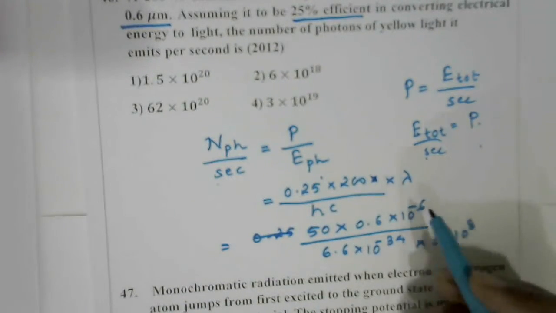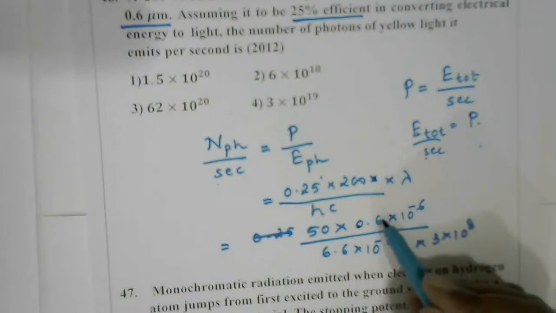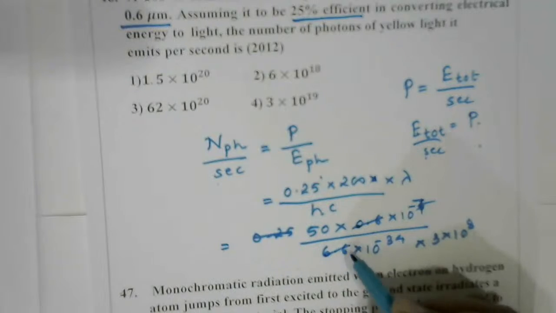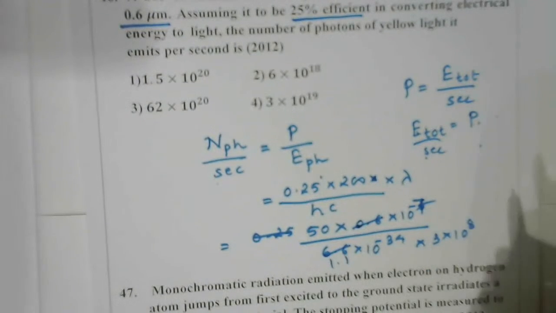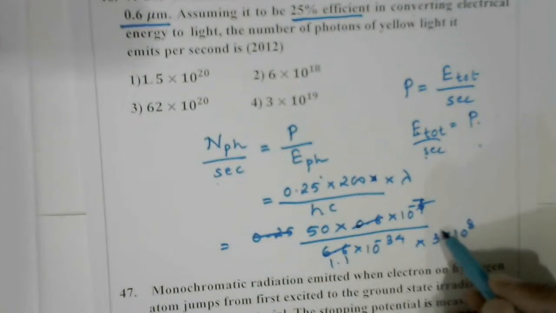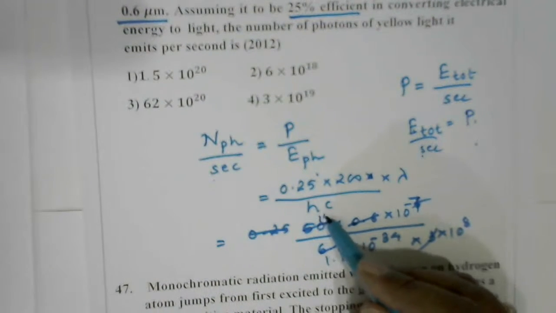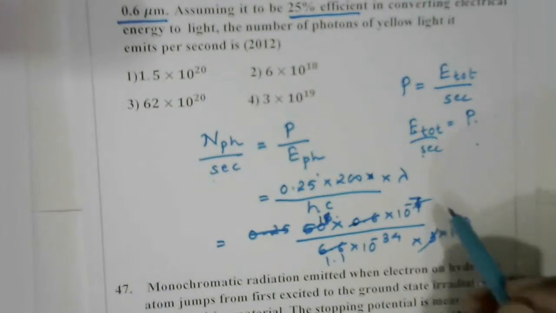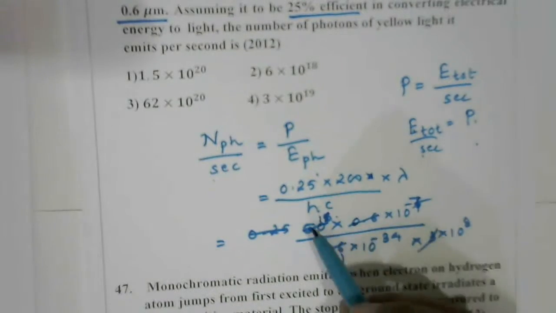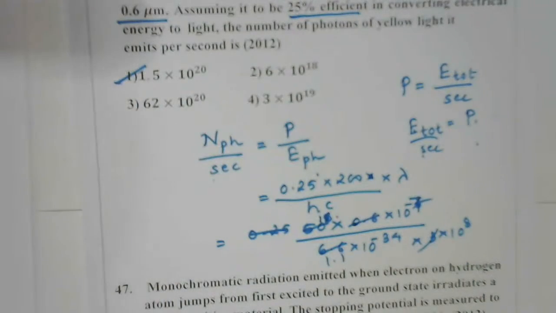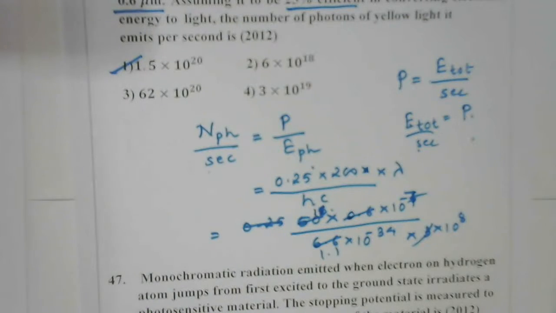This is nearly 1.1, leave it, and this is going to be around 16 point something. Everything is cancelled, so 16 point something nearby means you can expect the first option, 1.5 into 10 to the power of 20 should be your answer.